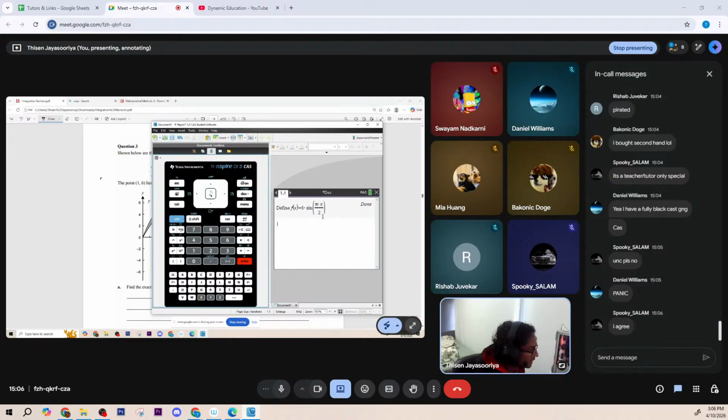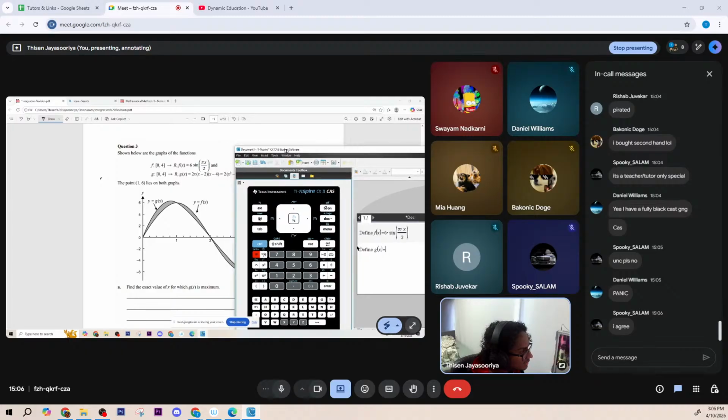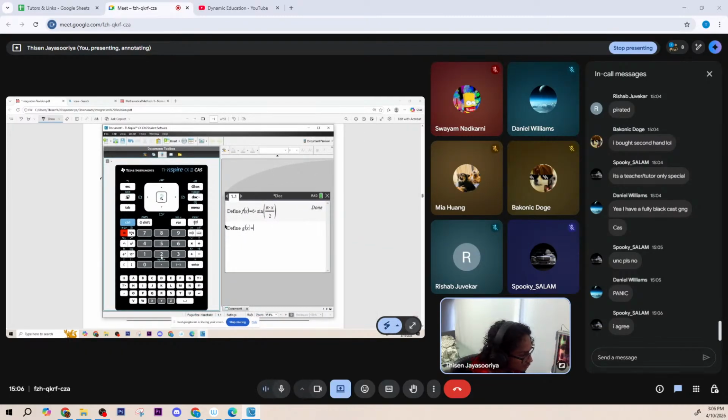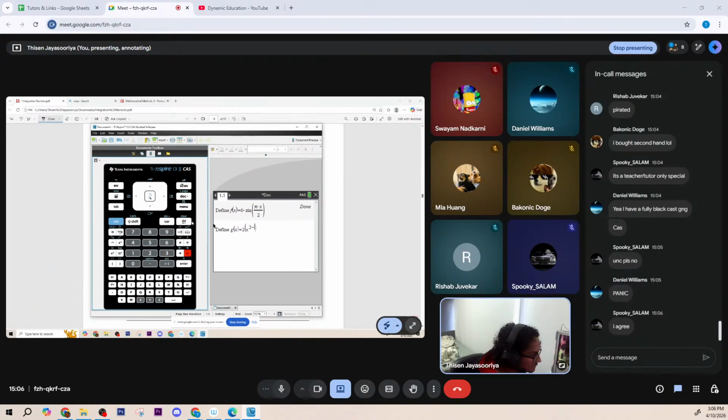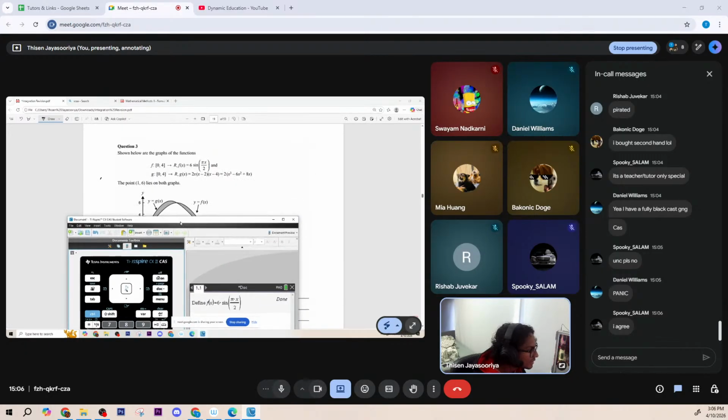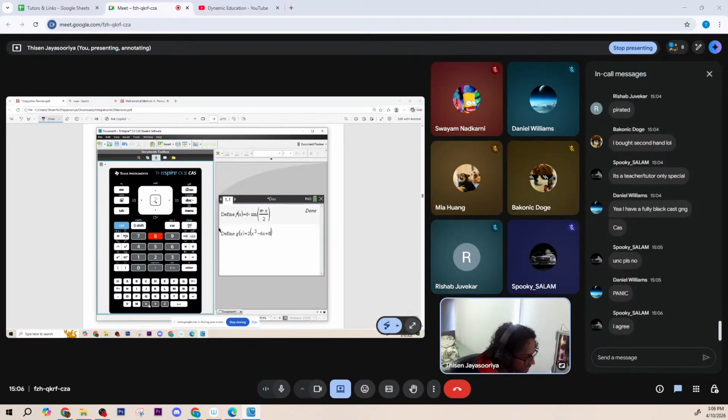We also can type in here, let me just use my pen for this, g of x equals 2x cubed take away 6x and then plus 8x. So these are our two functions, yeah?